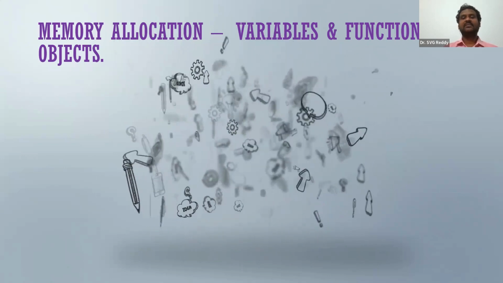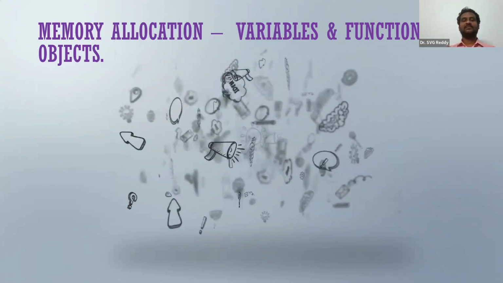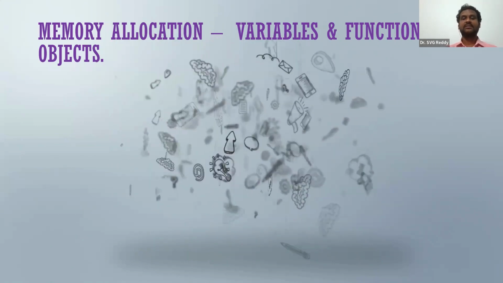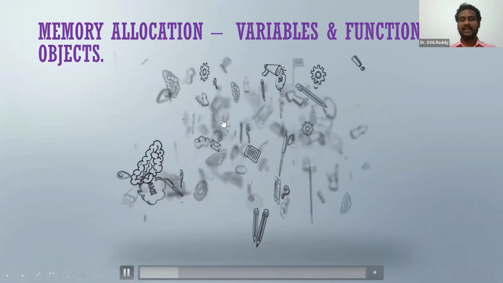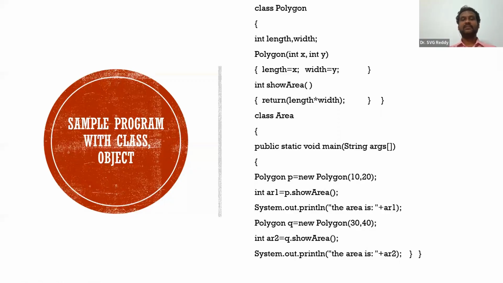So we need to understand this. Let's go into the details so that you get the actual picture of how it is saved. See here, we have class Polygon, and listen carefully, very important. We have the class Polygon, with the variables length and width, and the constructor Polygon(int x, int y).